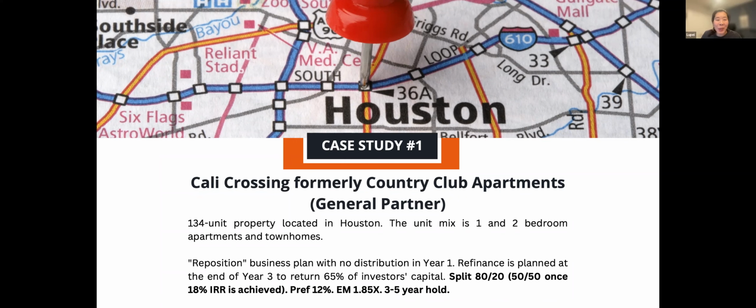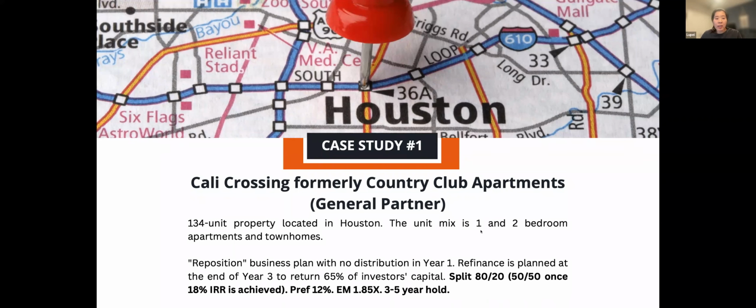Okay. Hey, so in this particular property, I am also invested as a limited partner, and we as a team, Crown Capital, is the general partner on this deal. So a little bit of background: 134 units in Houston.